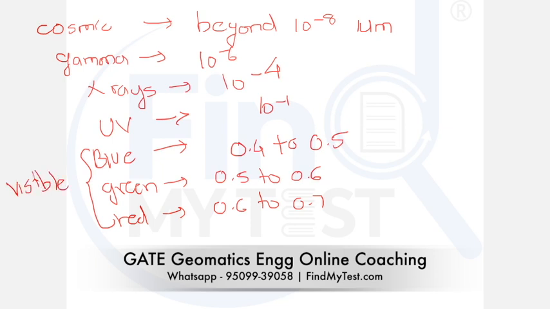Then comes near infrared, which lies between 0.7 to 1.3. Then comes mid-infrared, which lies between 1.3 to 3.